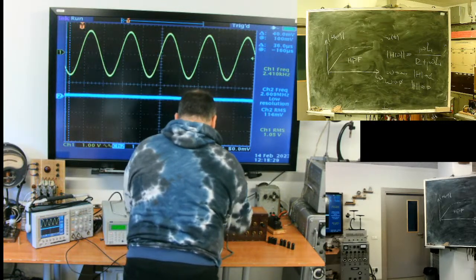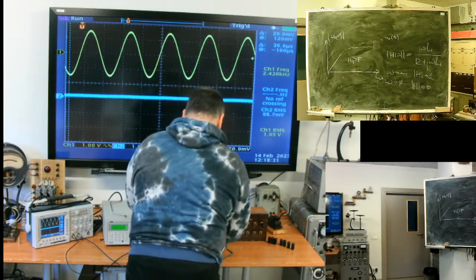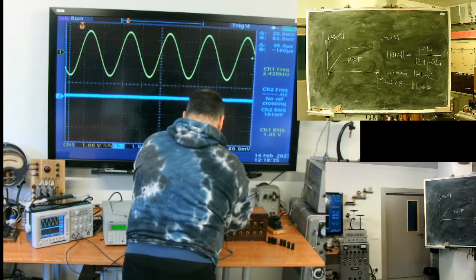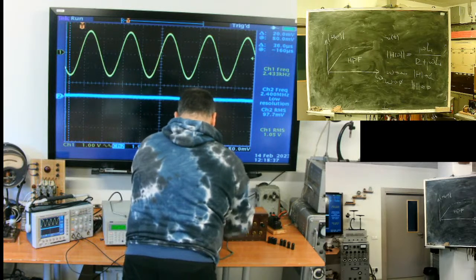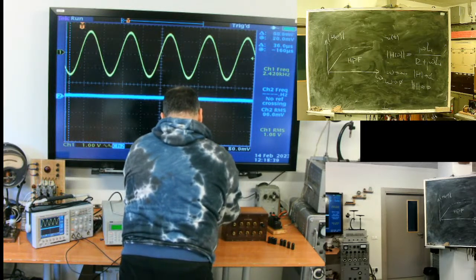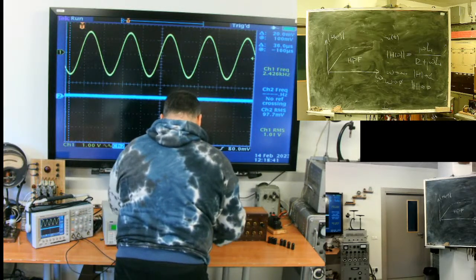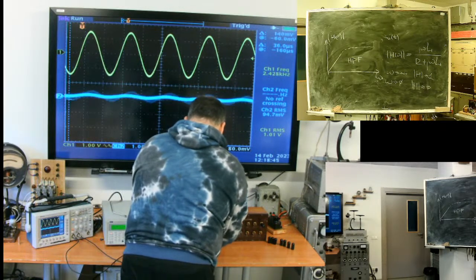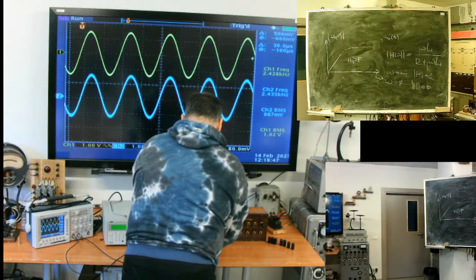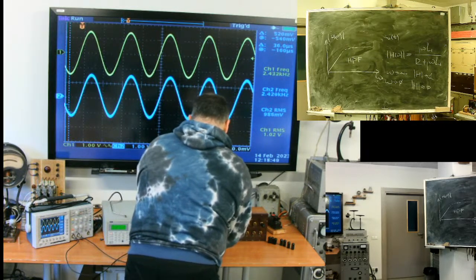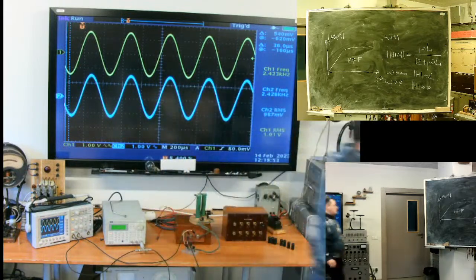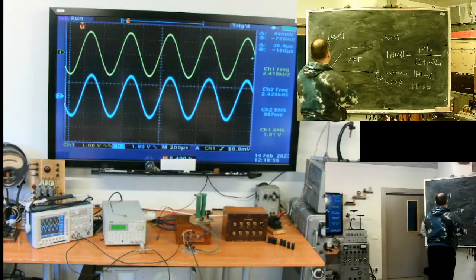Here's my coil. Resistance, and I need, wait, my voltage. Okay, what kind of network do we have now?